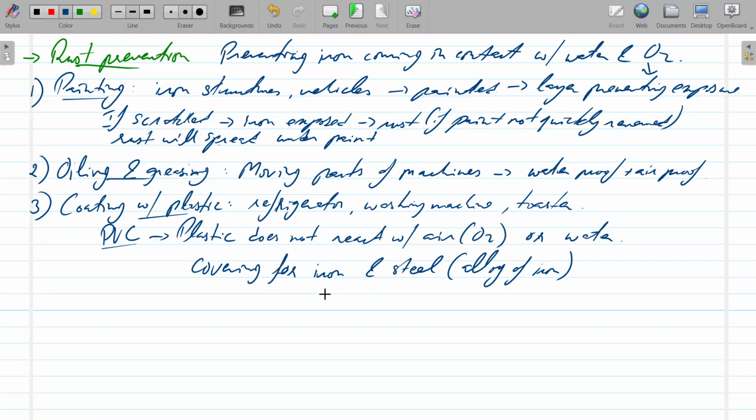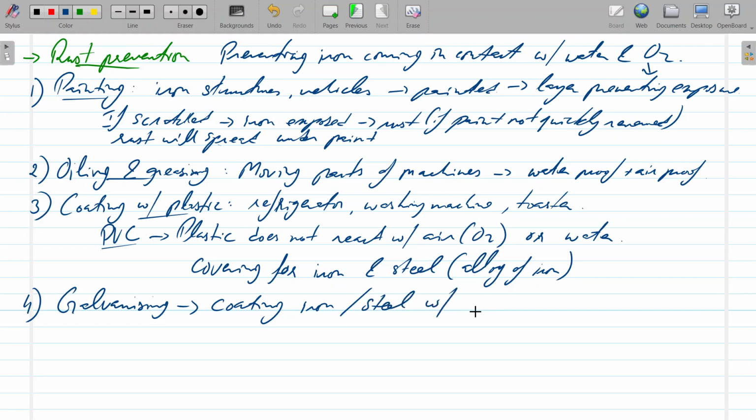And then there is galvanizing. Galvanizing is coating iron or steel with zinc. And as you know, zinc is more reactive than iron.